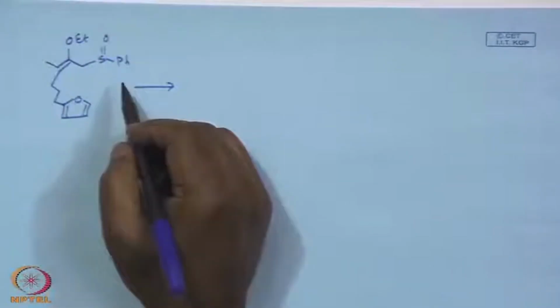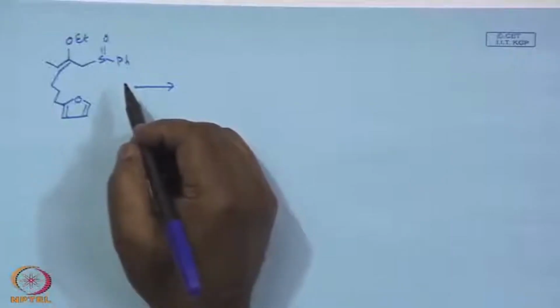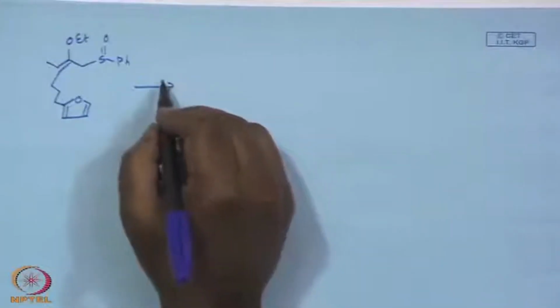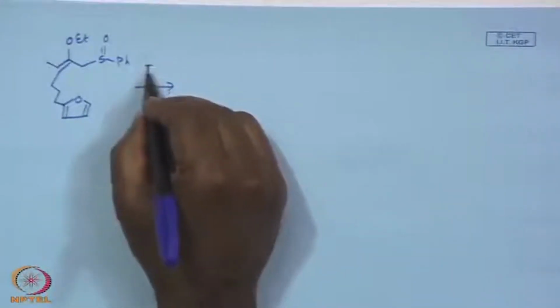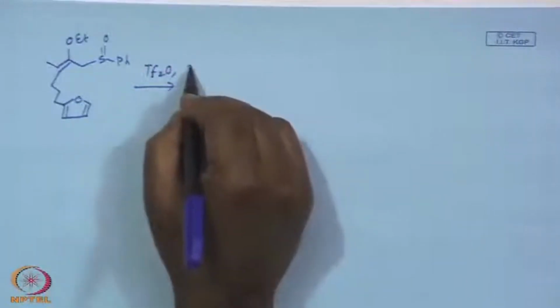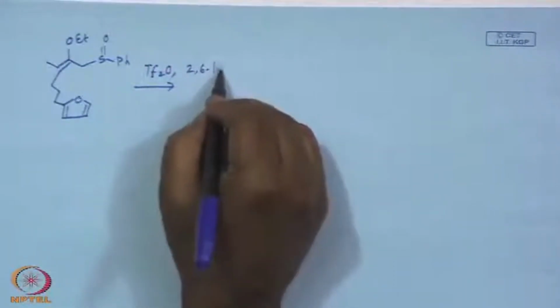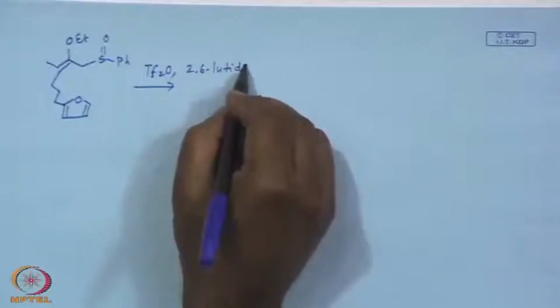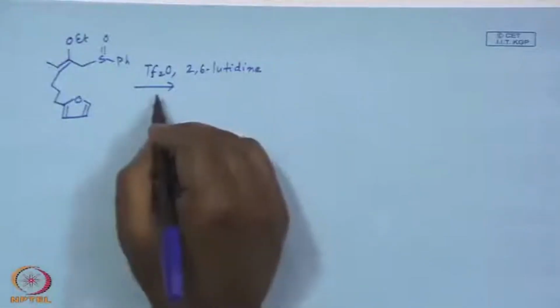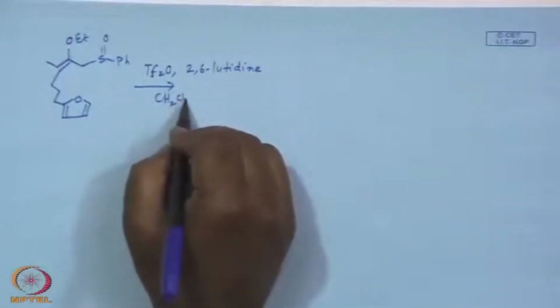What is the name of the functional group? Sulfoxide, and so that means sulfone would not work. The reagents are triflic anhydride and then 2,6 lutidine. What is 2,6 lutidine? And the solvent is methylene chloride.